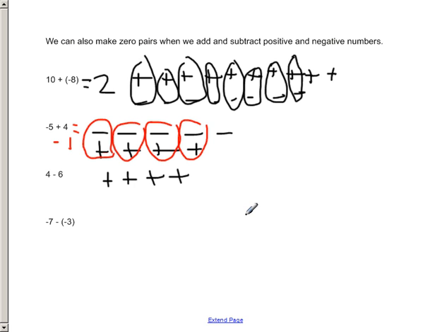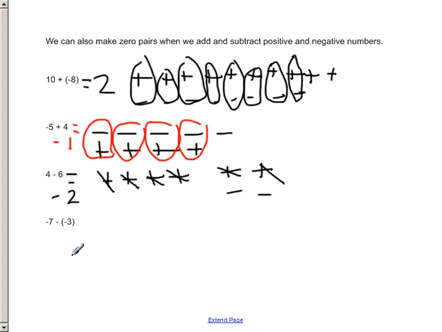Well, I don't have 6 to subtract, but I can make a zero pair with these numbers so that I now can subtract 6. 1, 2, 3, 4, 5, 6, and I am left with negative 2. So 4 minus a positive 6 is a negative 2.